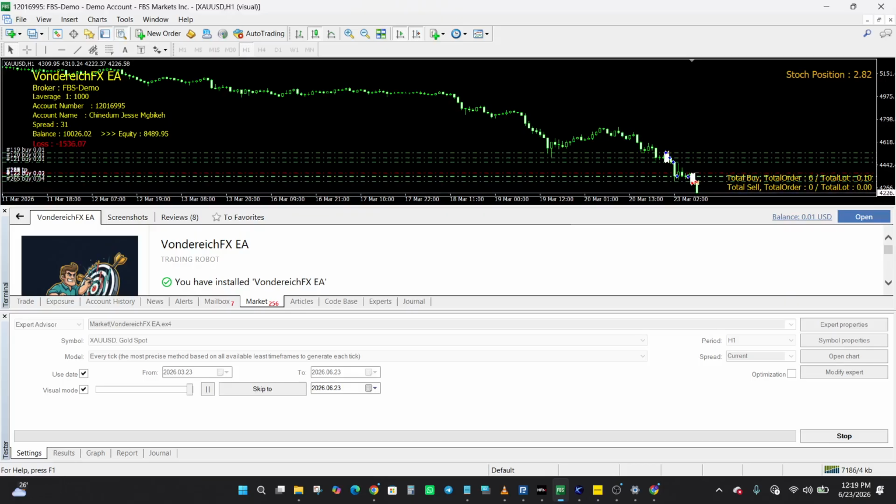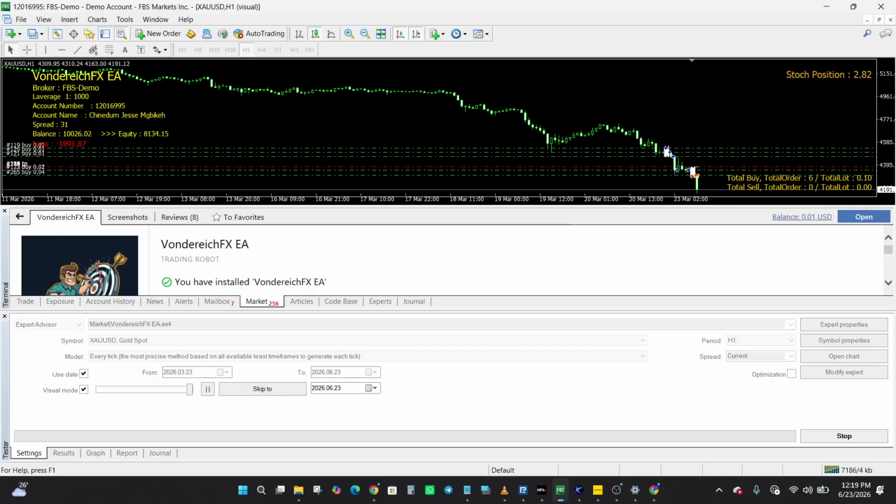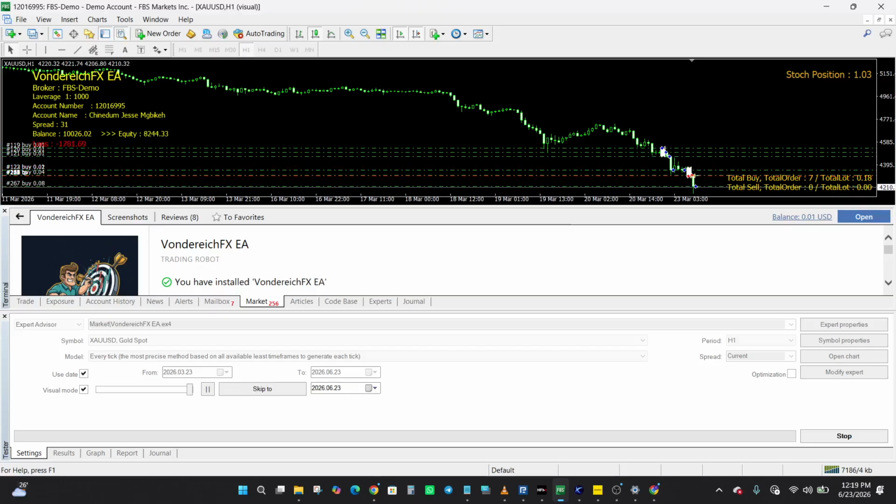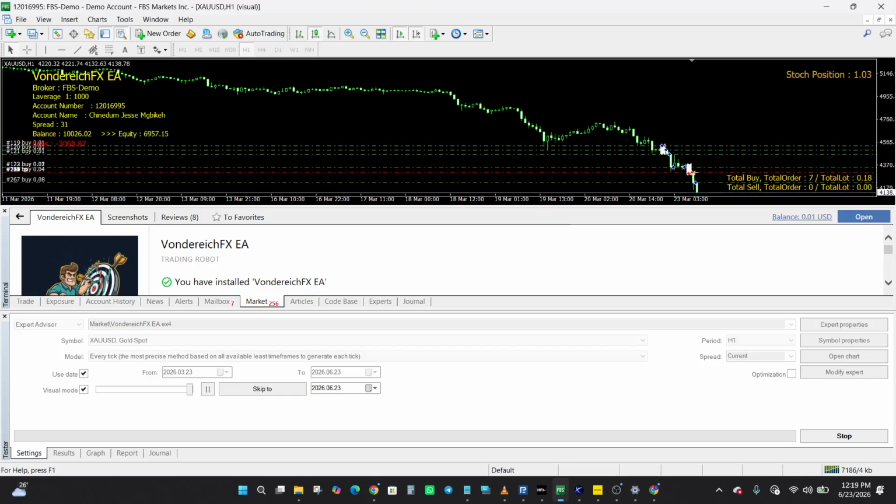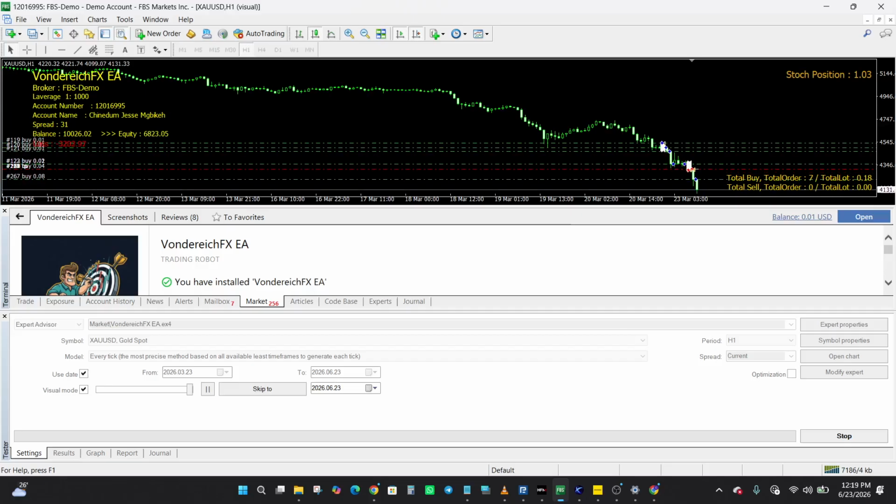So overall, the VondereichFX EA offers a flexible MT4 trading system with auto compounding, customizable trading sessions, RSI integration, semi-hedging functionality, and a Martingale-based approach with adjustable management parameters.